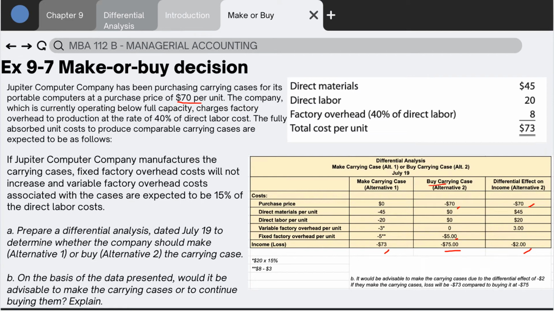So in this case, it's not advisable to buy the carrying case because the purchase price plus the fixed factory overhead will be greater than the cost in making the carrying case by Jupiter Computer Company.